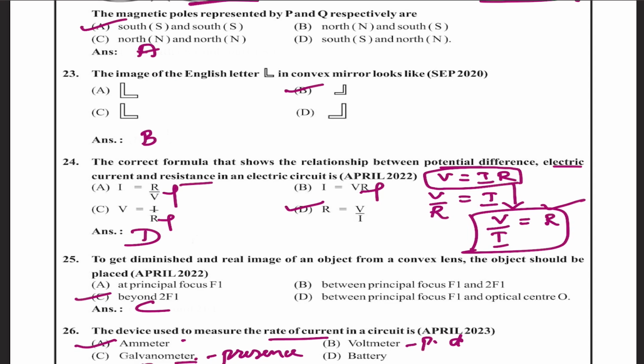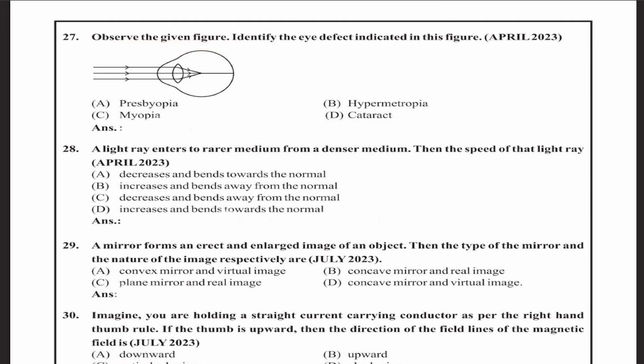Coming to the next question. Observe the given figure. Identify the eye defect indicated in this figure. We have to be very clear with the type of eye defect and what is the lens that is going to be used to correct that defect also. One definite question based on these eye defects.